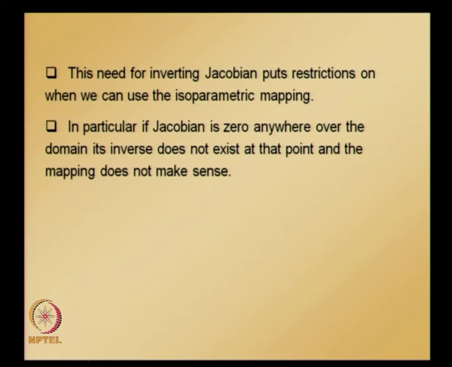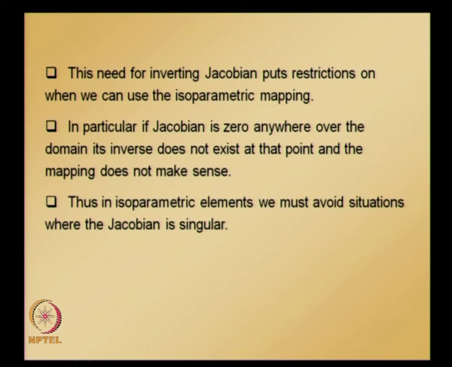its inverse does not exist at that point and the mapping does not make sense, because if the Jacobian is 0, the inverse of the Jacobian goes to infinity. So the Jacobian becomes singular. Thus in isoparametric elements we must avoid situations where the Jacobian is singular.